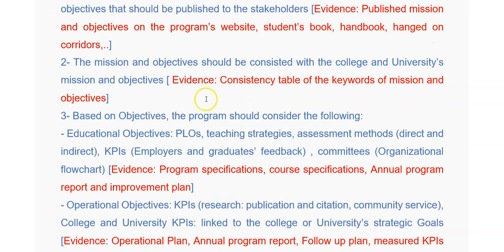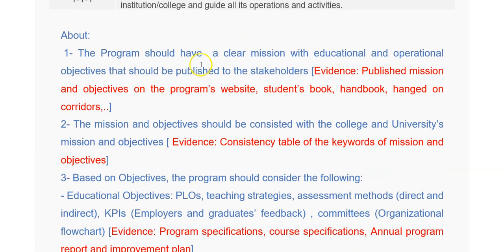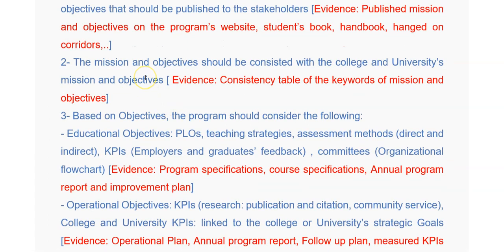The next is that the mission and objectives should be consistent with the college and university's mission and objectives. So I have a mission, it is clear, it is published, and it is also consistent with the university and the college mission and objectives. What I should provide as evidence is the consistency table of the main keywords of mission and objectives for the university, the program, and the college, to show that I have in my mission something about good education.